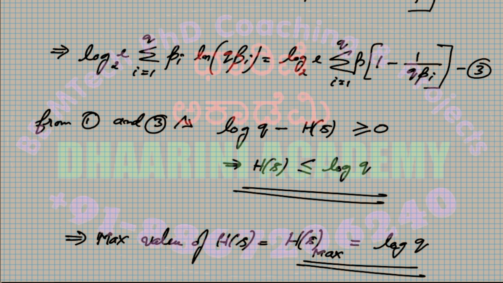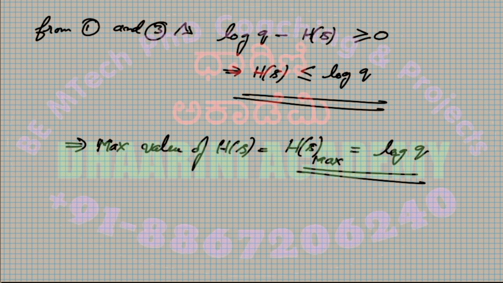Right? So if you have q symbols, I can say that the probability is 1 by q. So log of 1 divided by 1 by q is log q. So the maximum value of h of s will be log of q, where q is the number of symbols. If you have 3 symbols, log q to the base 2 is the maximum value of h of s that can happen.